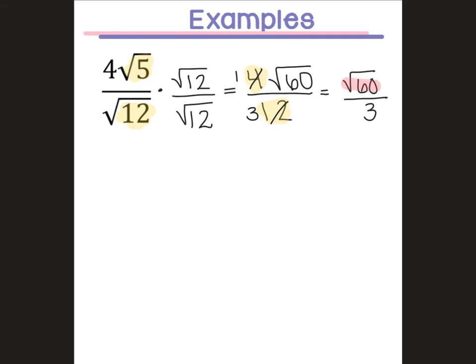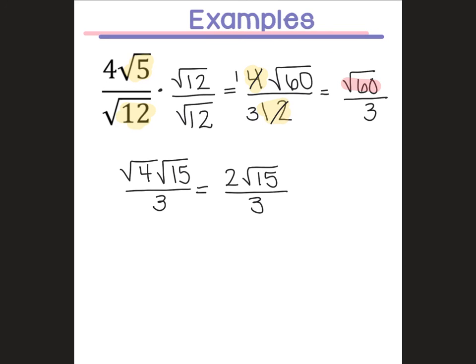I can rewrite this as square root of 4 times square root of 15. And I still have a denominator of 3. Square root of 4 is really just 2. 2/3 can't be simplified any further, and neither can square root of 15, and so this would just be my final answer.